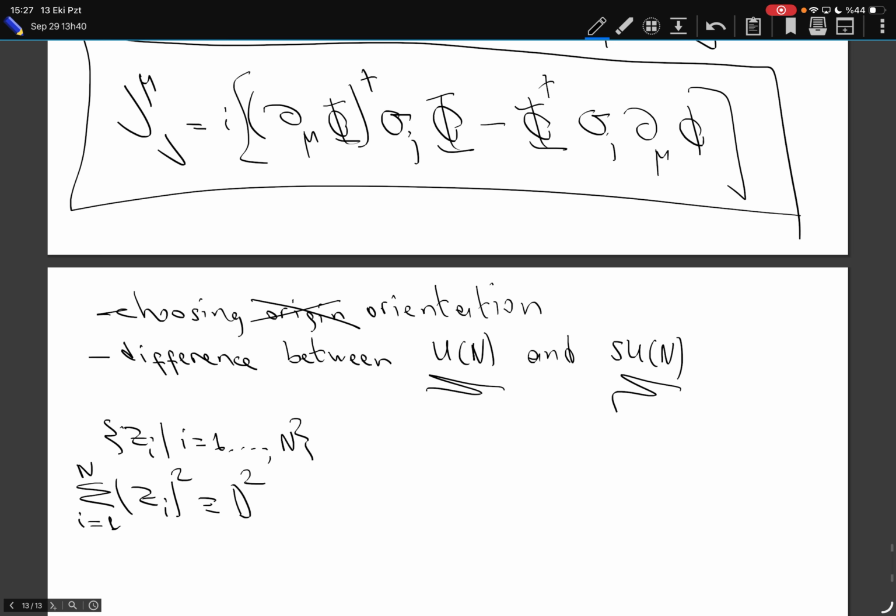Let us call this d squared. If you look at rotations in real space, you have three numbers in three-dimensional space. You take their squares and sum them up, and then you look at all the transformations of those three numbers that do not change that sum.